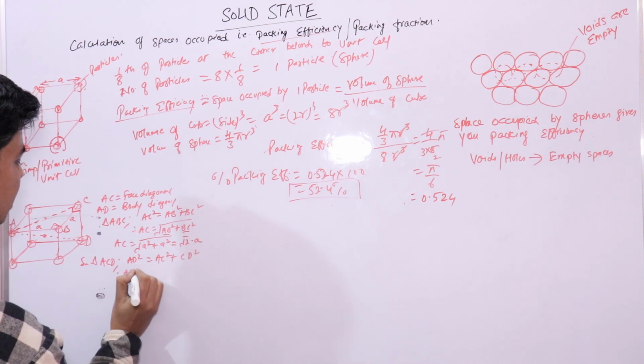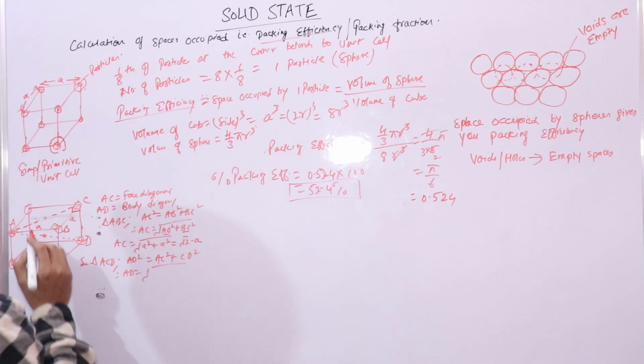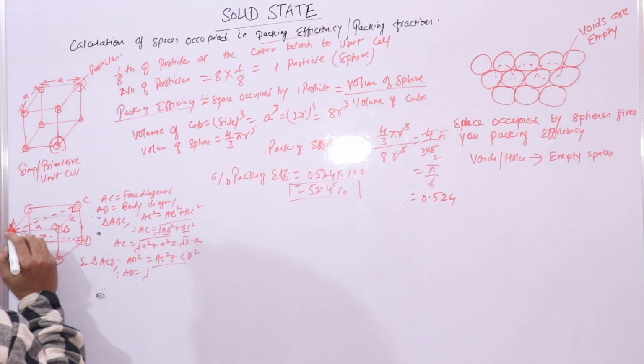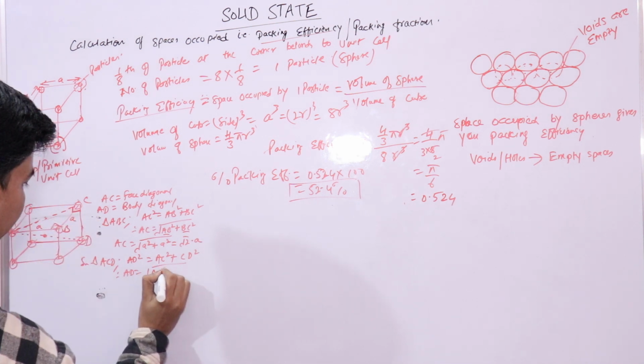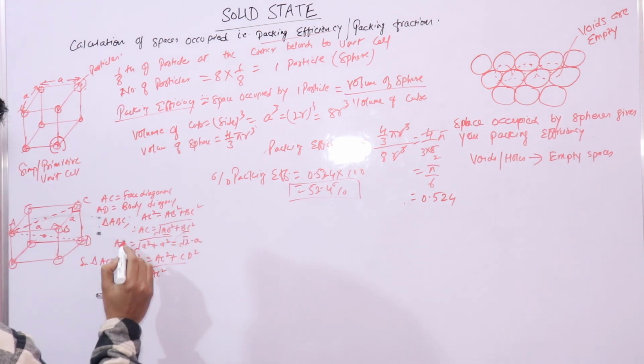Therefore AD is equal to, this AC square, right? What would be the value of this AC square? This is your face diagonal. We have calculated it above.